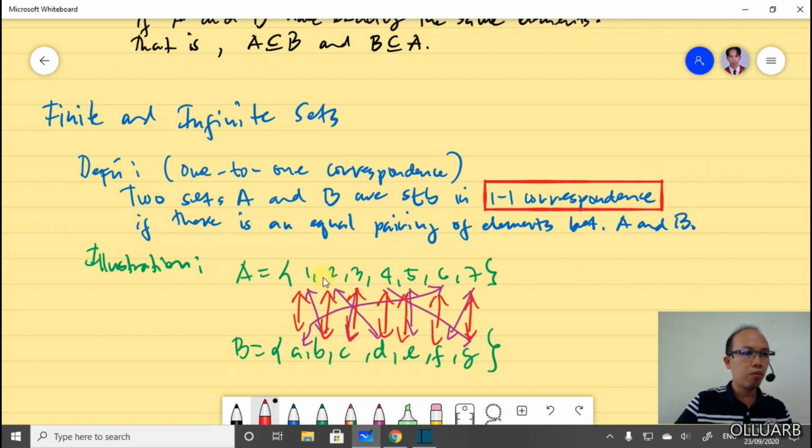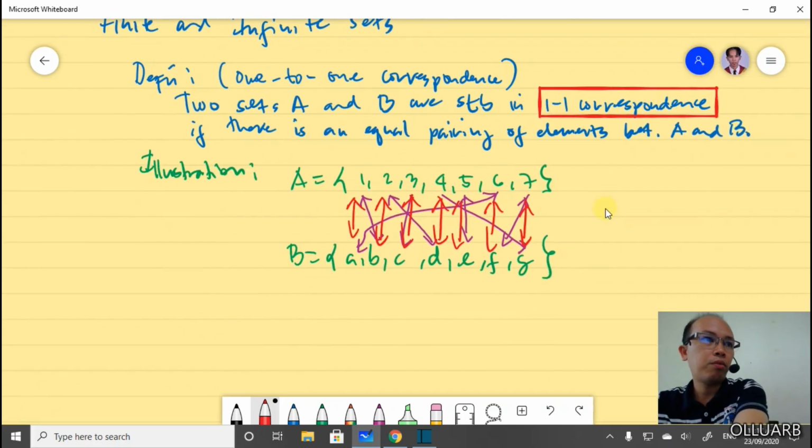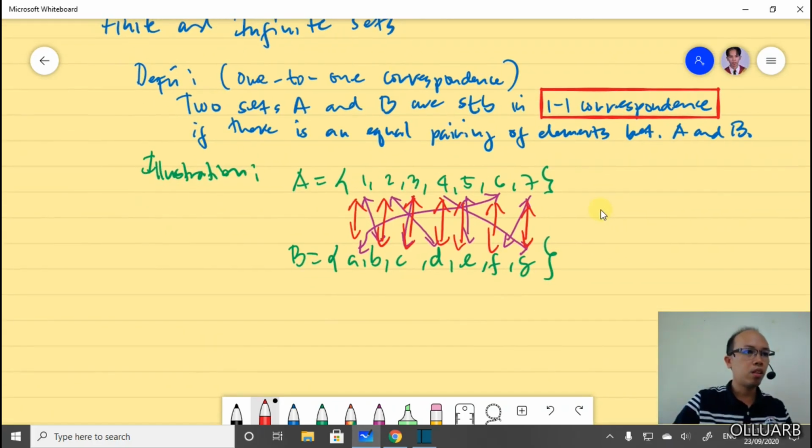Okay, so let's define now what we mean by finite sets. Definition.